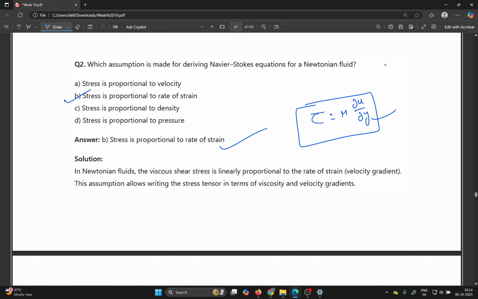If the water is flowing like that, and this is the free surface, let us suppose this is the X direction and this is the Y direction.